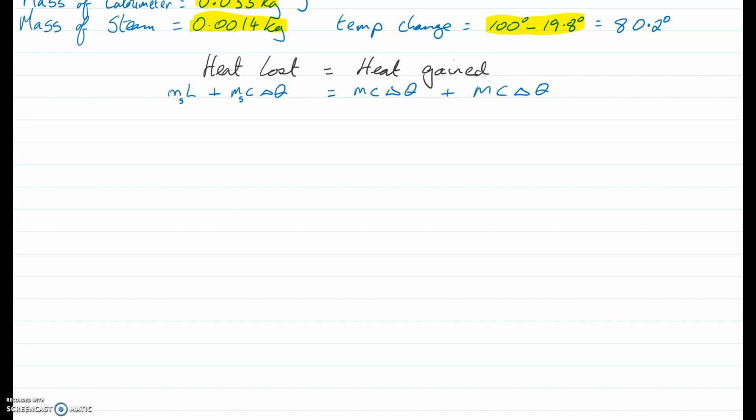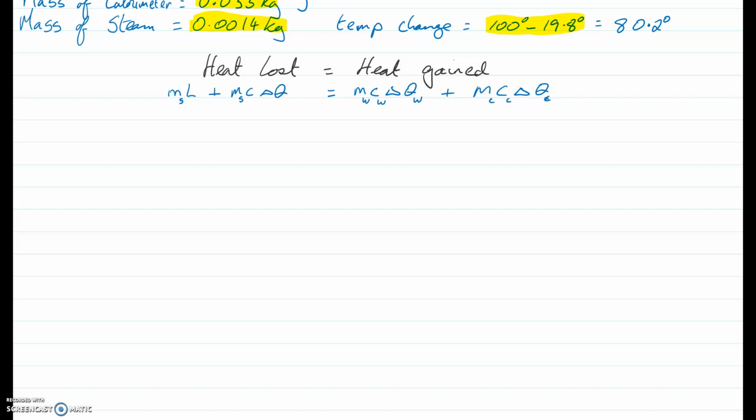So the mass of the steam times latent heat of vaporization. Mass of the steam. This is the mass of the water. This is the mass of the calorimeter. The specific heat capacity of water, specific heat capacity of your calorimeter.